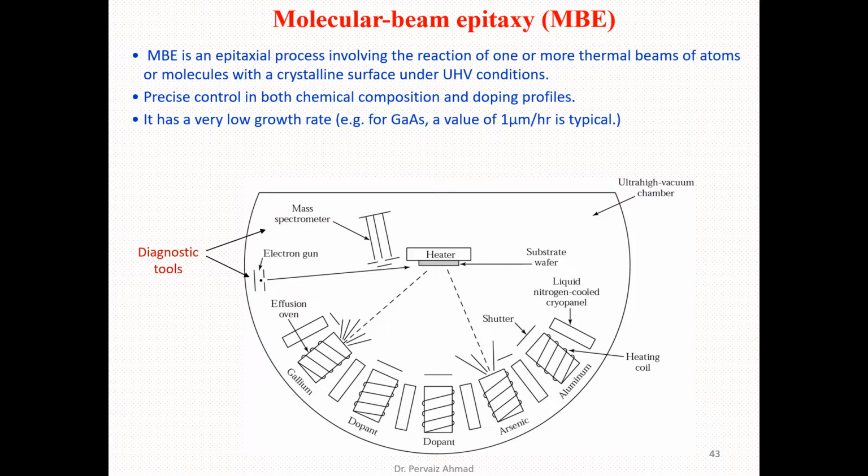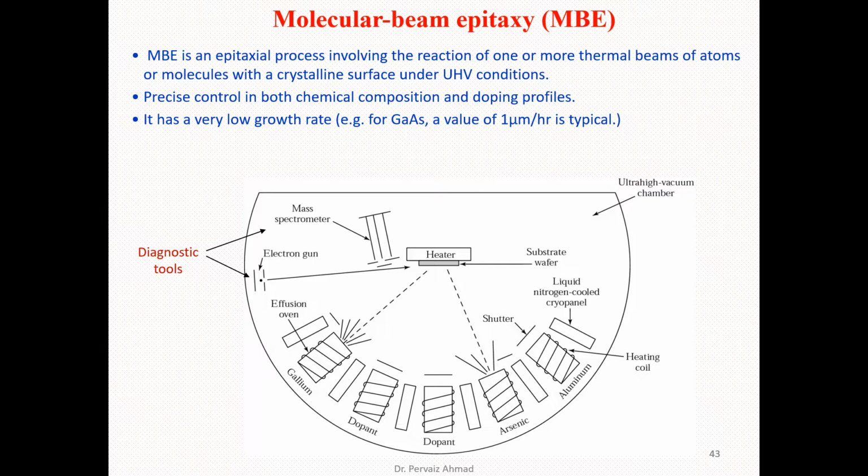For example, for gallium arsenide, the growth rate is 1 micrometer per hour. Remember, it's a typical growth rate. So this is why we say that the growth rate in molecular beam epitaxy is very low. How low? The example given is gallium arsenide, which has a low growth rate equal to 1 micrometer per hour.